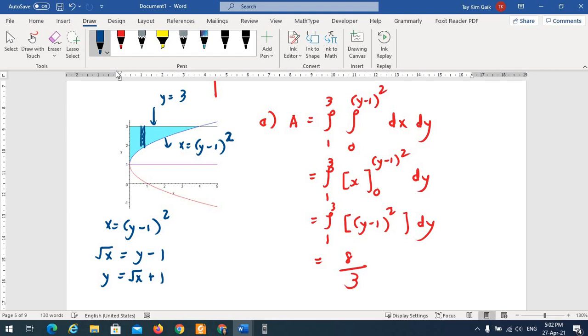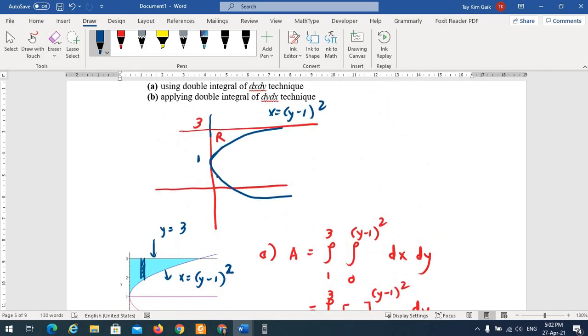And then you sum the vertical bar from the y-axis, which is x equals 0, up to, okay, what is this point? Sketching by Mapper, you can see it is 4, but if you sketch manually, you have to determine the intersection point of y equal 3 and x equal y minus 1 squared.